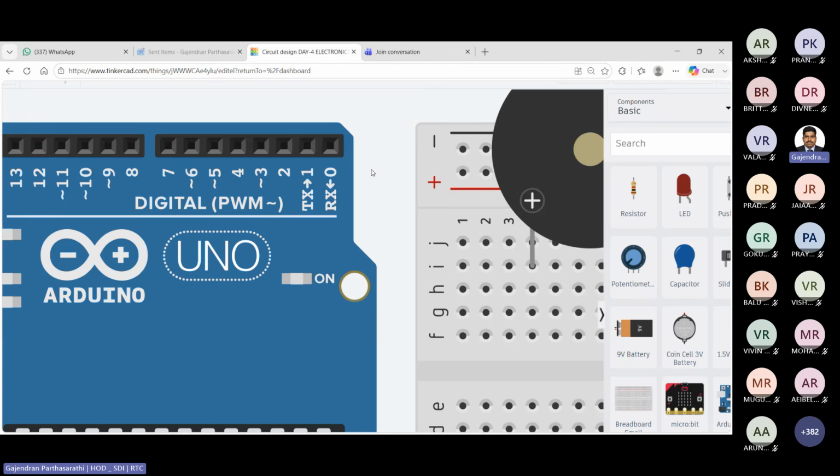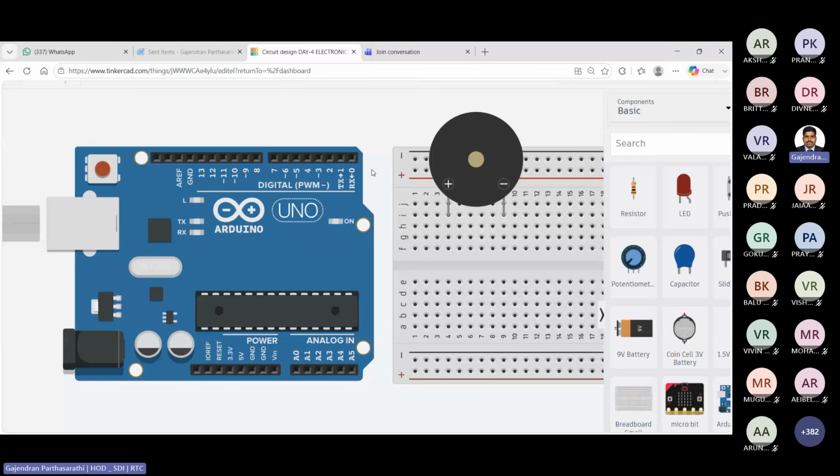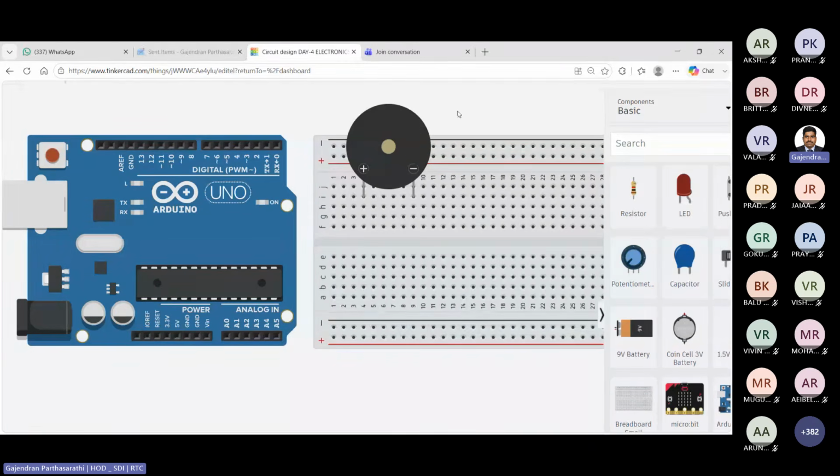Now come to the hardware connection part first. I am going to take the 5-volt supply and connect it to the breadboard, followed by the ground. I have connected the ground wire. Please do the connection step by step.